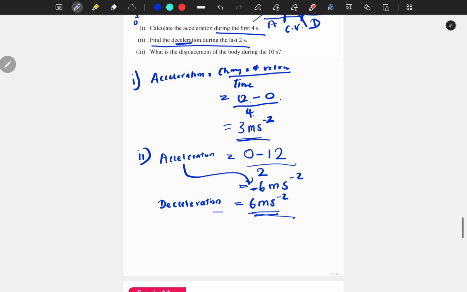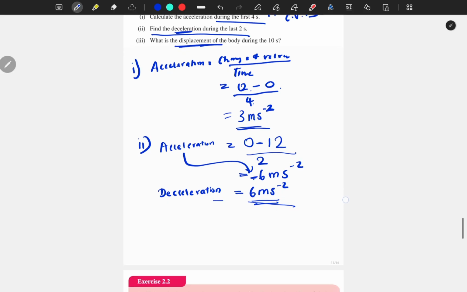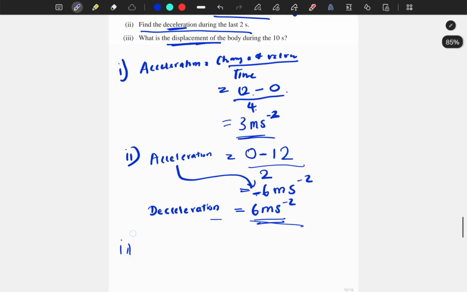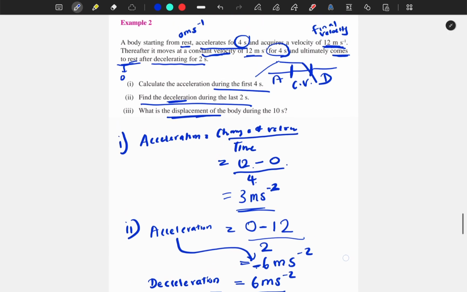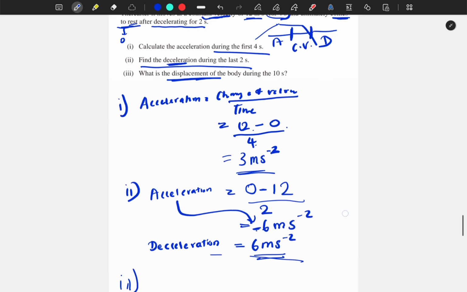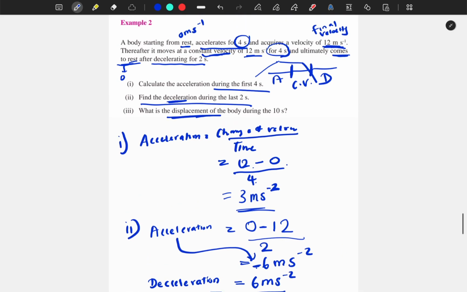Then it's asking what is the displacement of the body during the 10 seconds. Asking about the displacement, right, during the 10 seconds. Okay, how to calculate the displacement? First it travels 4 seconds, and then with uniform velocity again 4 seconds, and then 2 seconds it's decelerating, right?